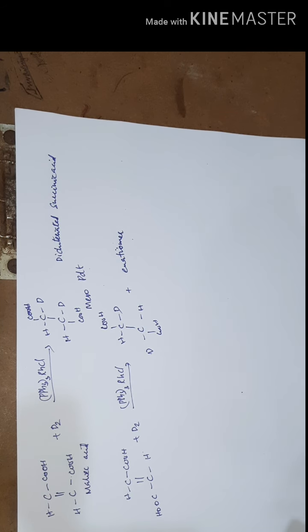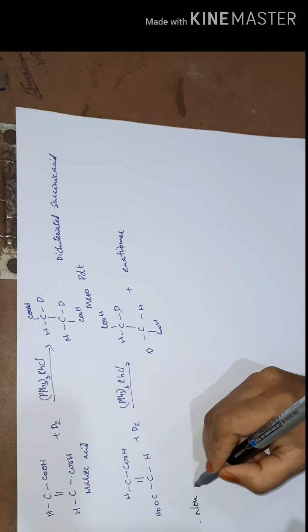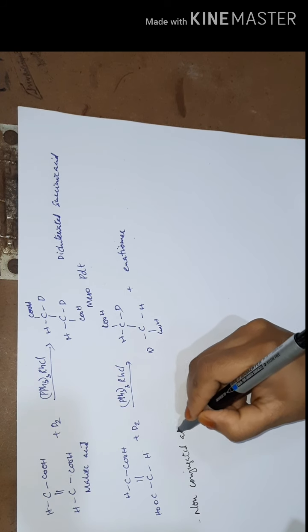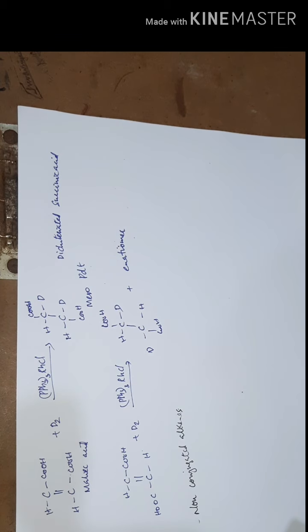Another type of example is, generally this type of catalyst, triphenyl phosphine rhodium chloride, is used for the hydrogenation of alkenes, and normally non-conjugated alkenes are reduced by this type of catalyst.